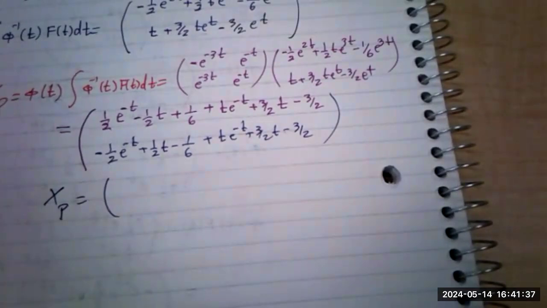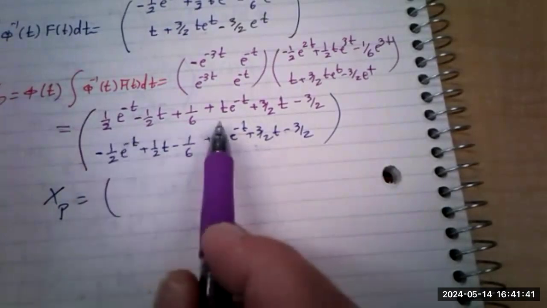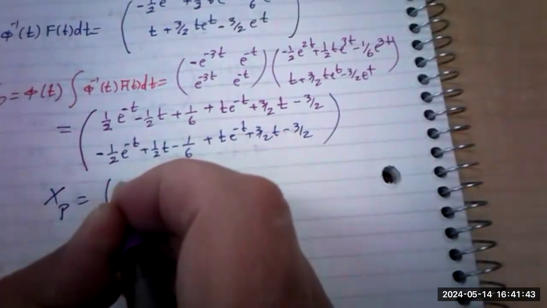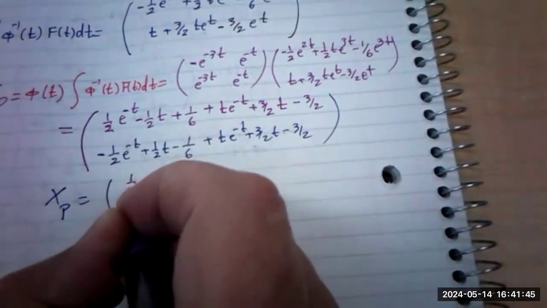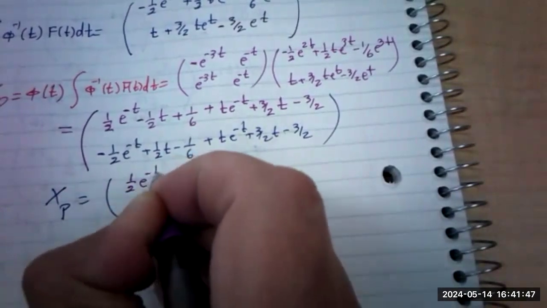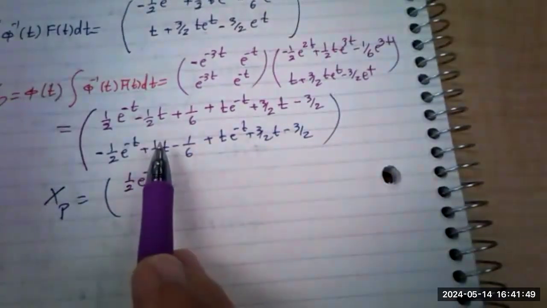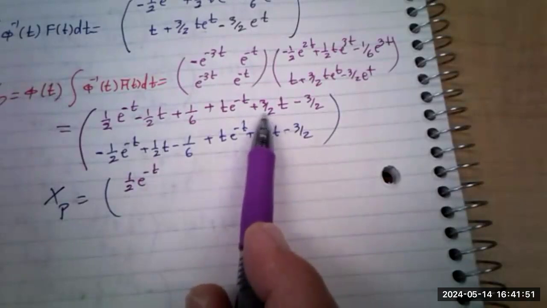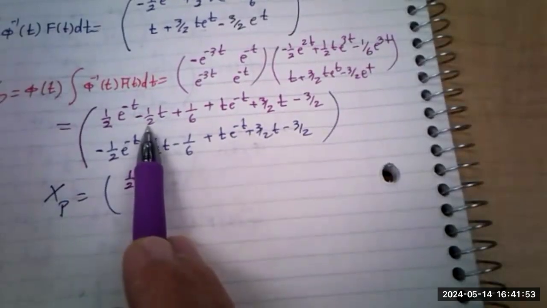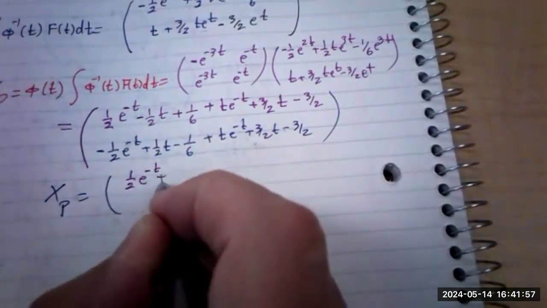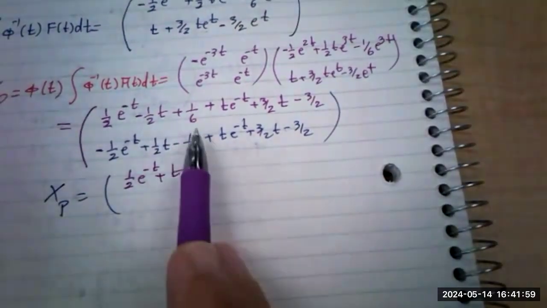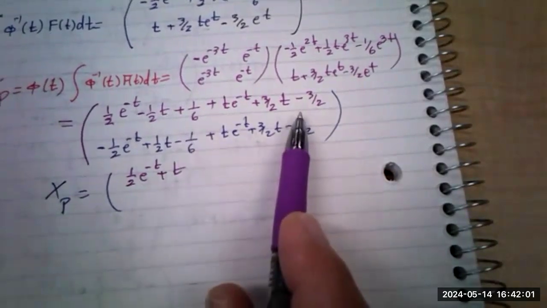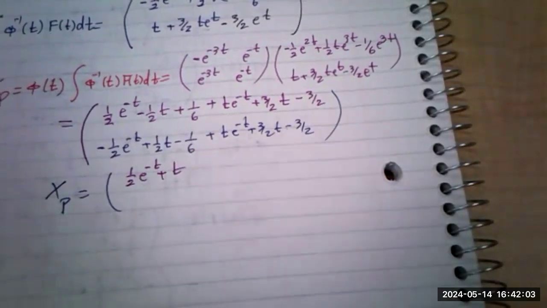Okay, and for the first part, e to the negative t, you don't have any like terms, so it's going to be 1/2 of e to the negative t. For the t term, we get the 3/2 of t and the negative half of t. 1.5 and half gives you just a t. Then 1/6, you have the 1/6 and the 3/2 over here.